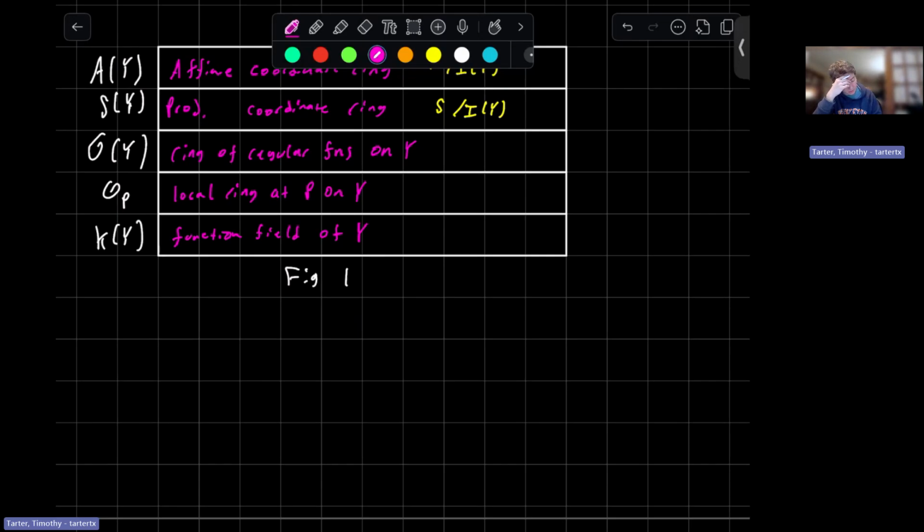So we can define addition and multiplication in K of Y. And then we restrict it to the part where it never vanishes. And that gives us multiplicative inverses, 1 over f.